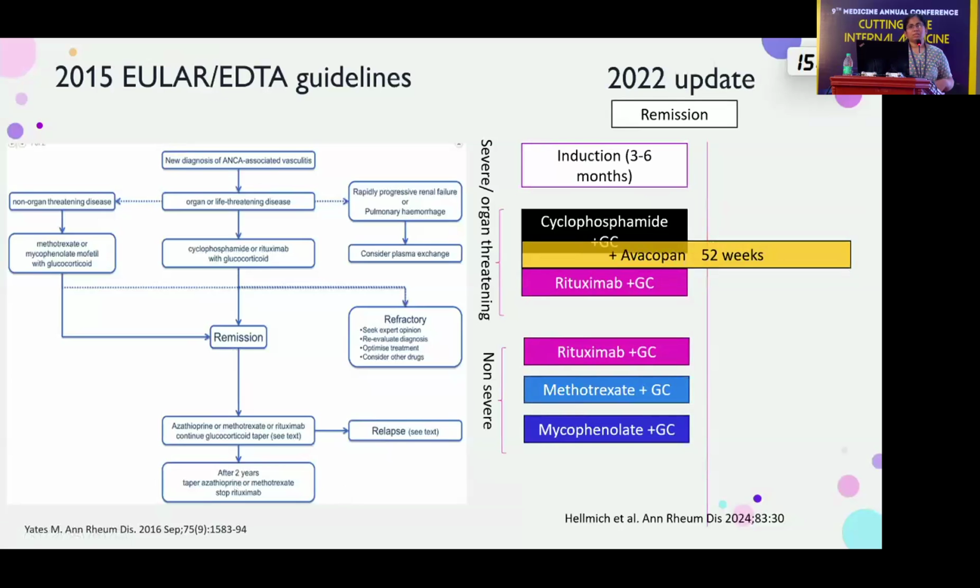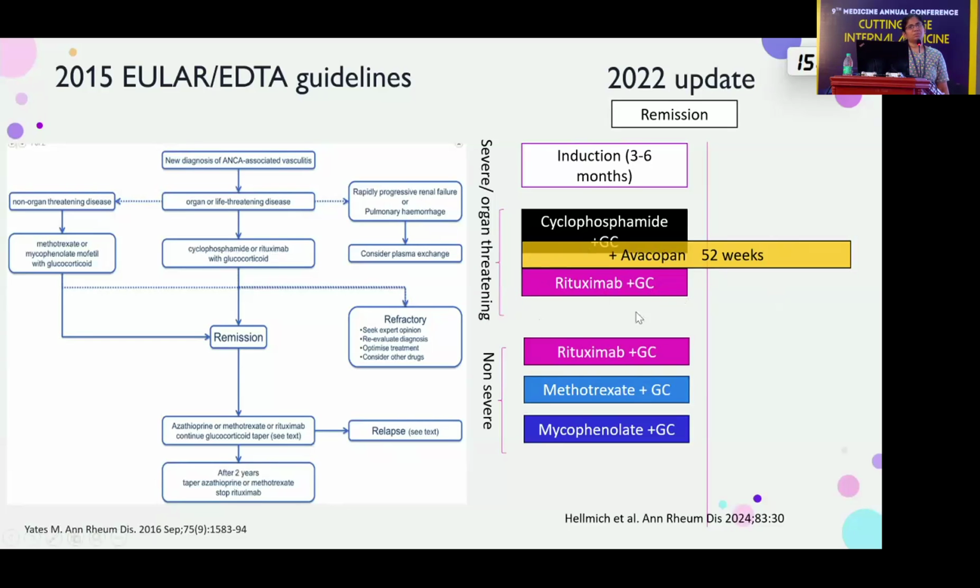So what has changed? Now there is an update in 2022. What is the change? Basically, when you look at the induction of remission, nowadays there is another drug which has come into the picture, known as avacopan, which is considered a way to basically get away with steroids in ANCA vasculitis.